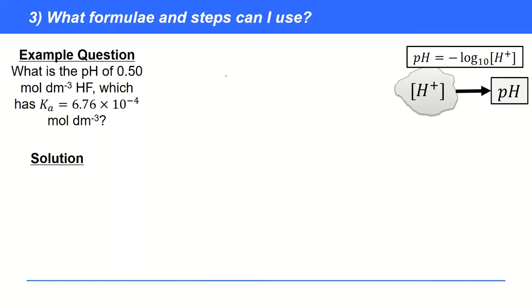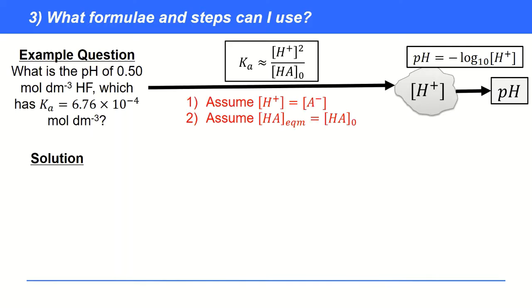So how are we going to get there? Well, we're going to make our two assumptions, that the H plus and A minus concentrations are identical, and that the equilibrium concentration of HA is just the same as its initial, with our approximate formula, and we're going to hope that that will give us a reasonable answer. So how does the solution proceed? Maybe pause and try and see if you can do it.